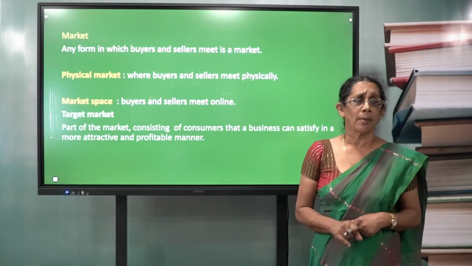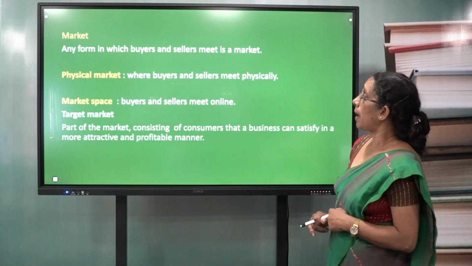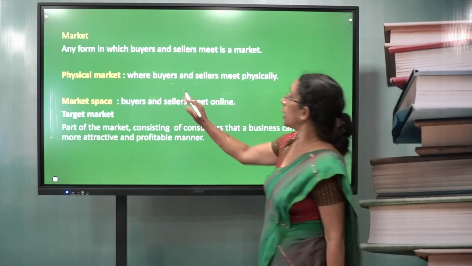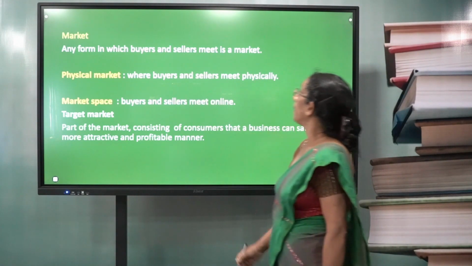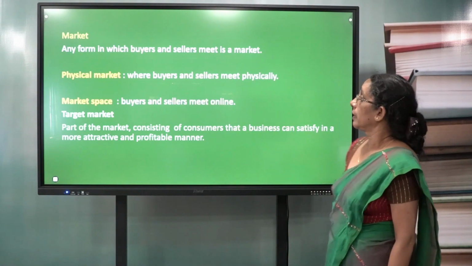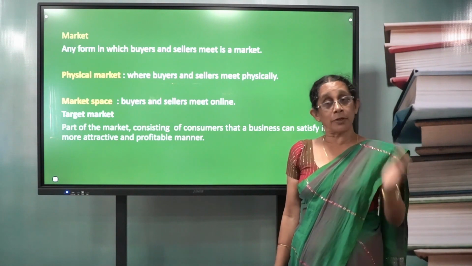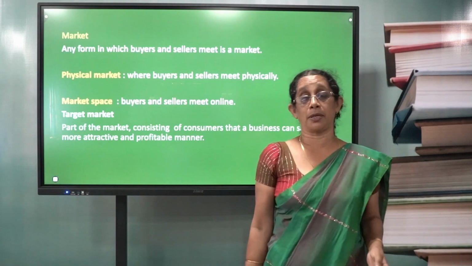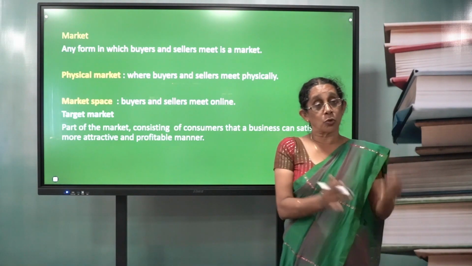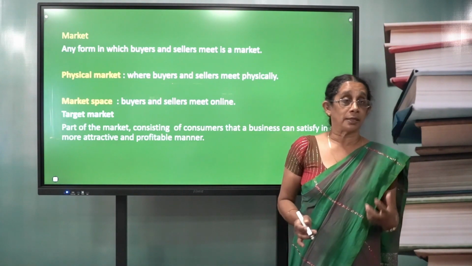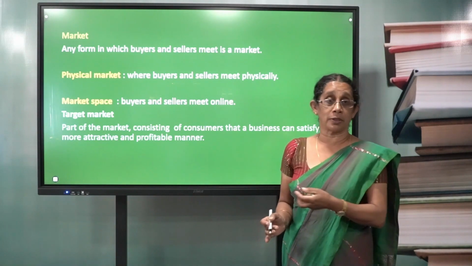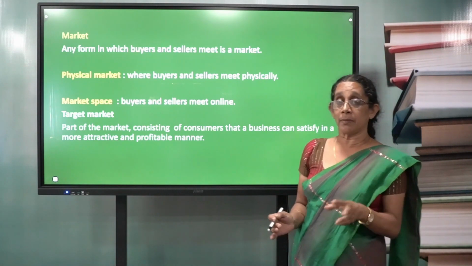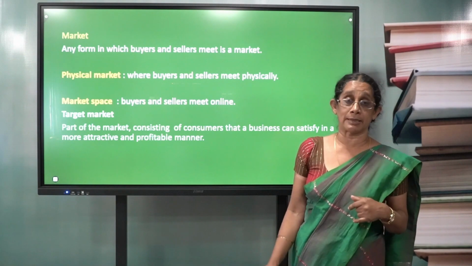Then what is a market? A market is any form in which buyers and sellers meet. Earlier we could say a market is a place where buyers and sellers meet, that is, when we go to a shop to buy a good, or when we go to a doctor and pay him to get medicine for our illnesses.